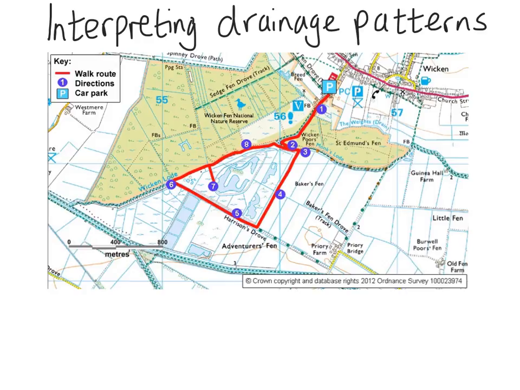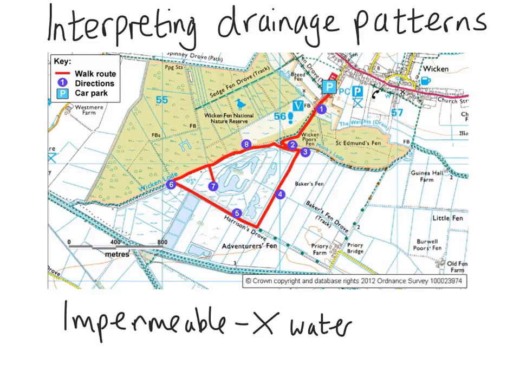Drainage channels were built here because the land lies upon what we call impermeable geology, and impermeable geology basically does not absorb water. If you think of a simple diagram here, and it starts to rain onto this geology here, let's say the geology is for example a clay.